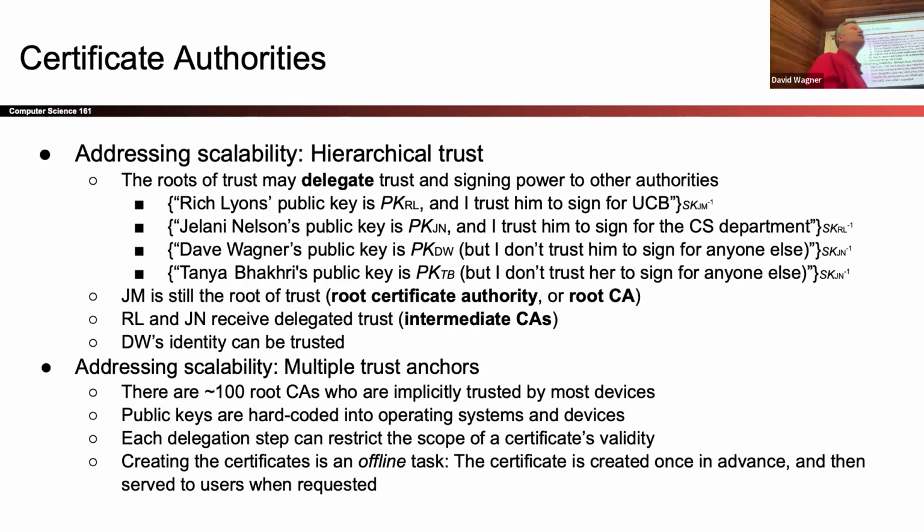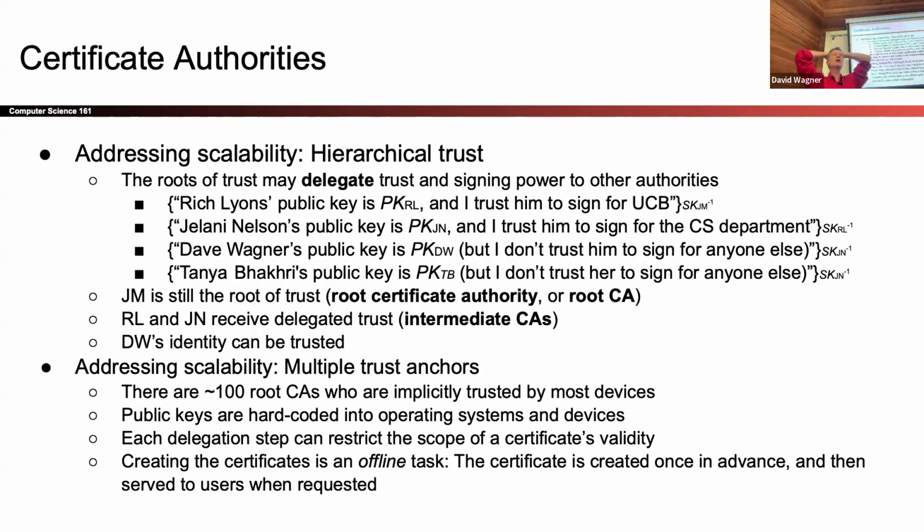And maybe the chancellor of Berkeley knows all of the department chairs. And maybe each department chair knows all the faculty in their department, or maybe all the head TAs in their department. And maybe each head TA knows all the TAs in the course staff organization, and so on and so forth. So this is a hierarchical nested structure here.